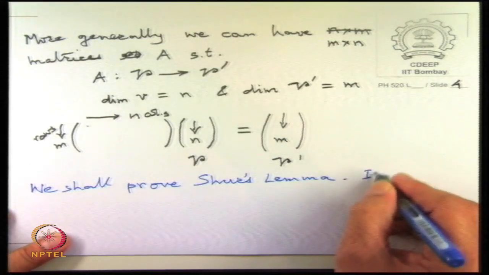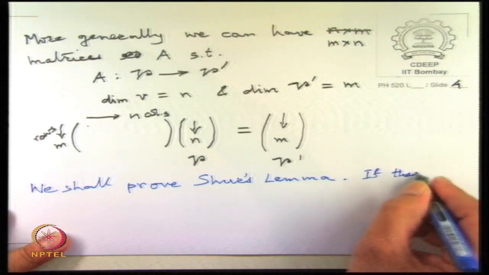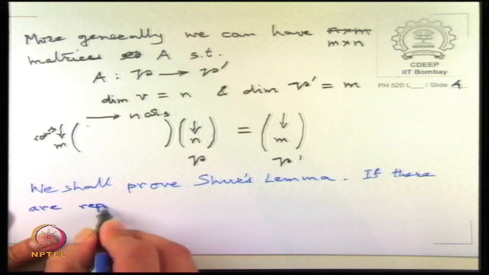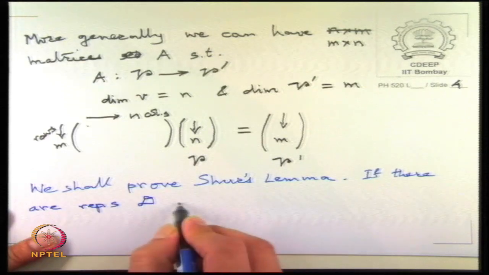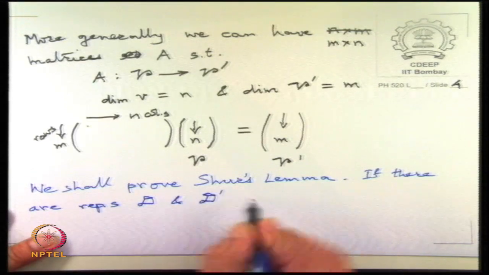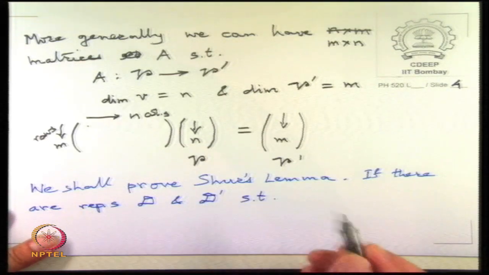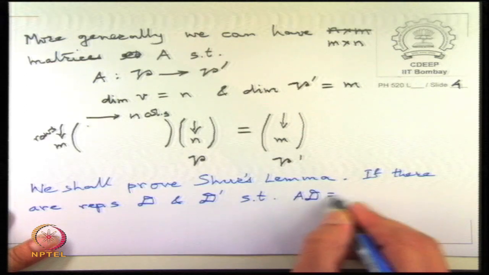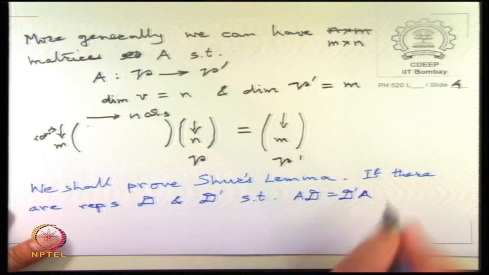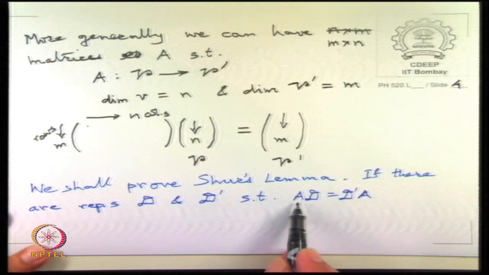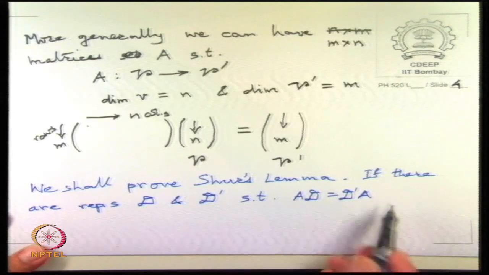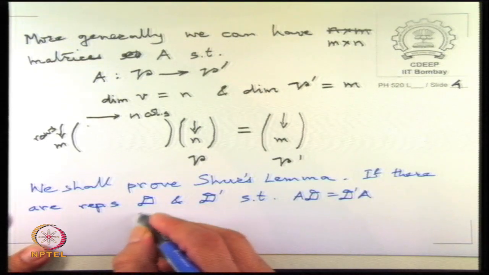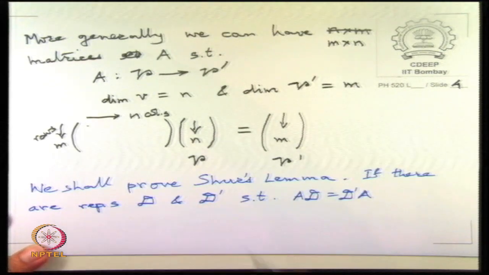if there are representations D and D prime such that A times D is equal to D prime times A, such that the size of A matches the required m by n. So D is, let us say, m by m, this is n by n.